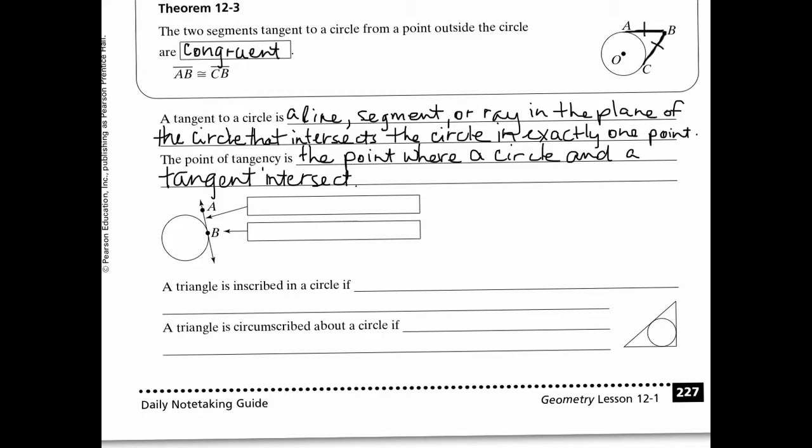So a tangent intersects a circle in exactly one point. That one point is called the point of tangency. Okay, so if you look at the picture, the top box is pointing to the line that touches the circle in one point. And so that is a tangent. The second box is pointing to the one point where the line touches the circle, so that is the point of tangency.